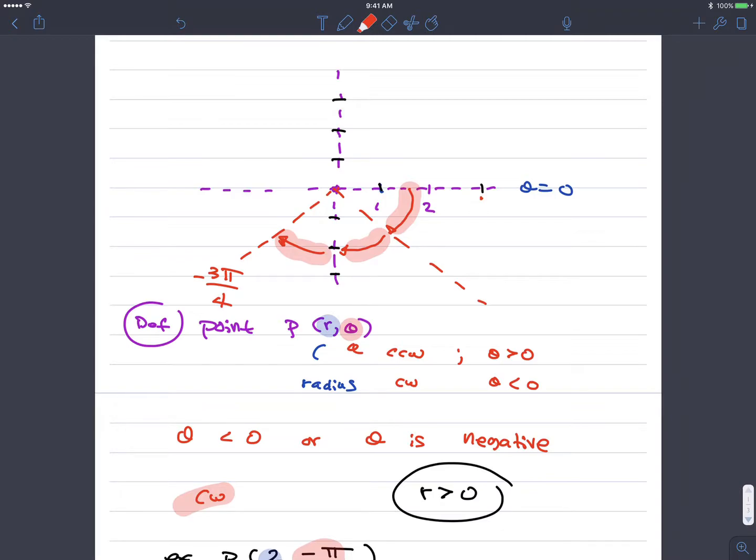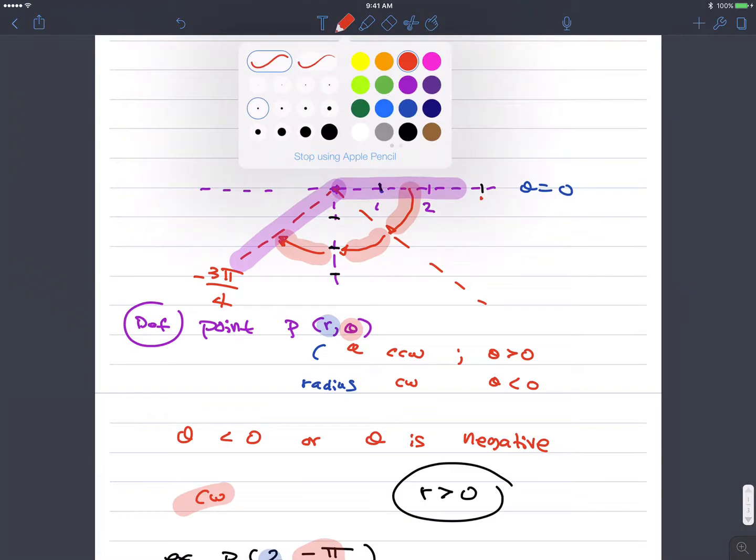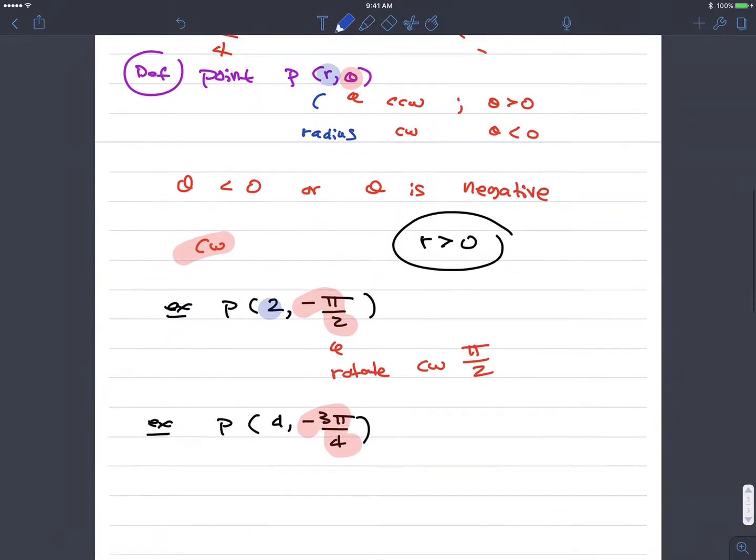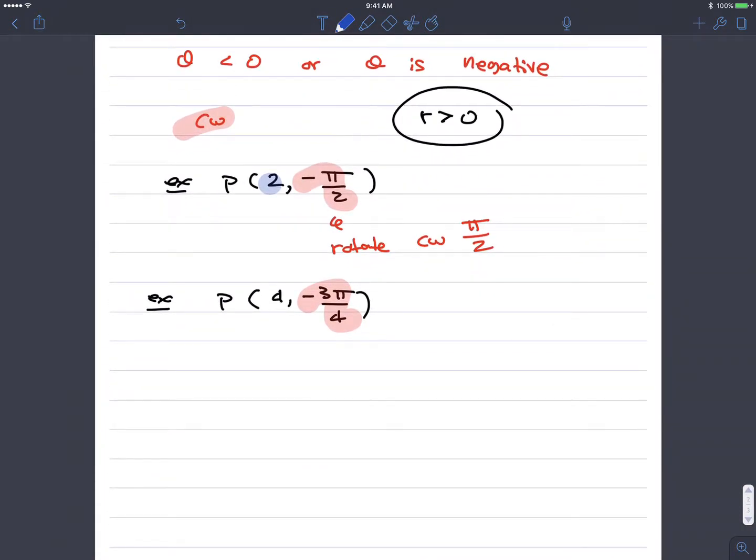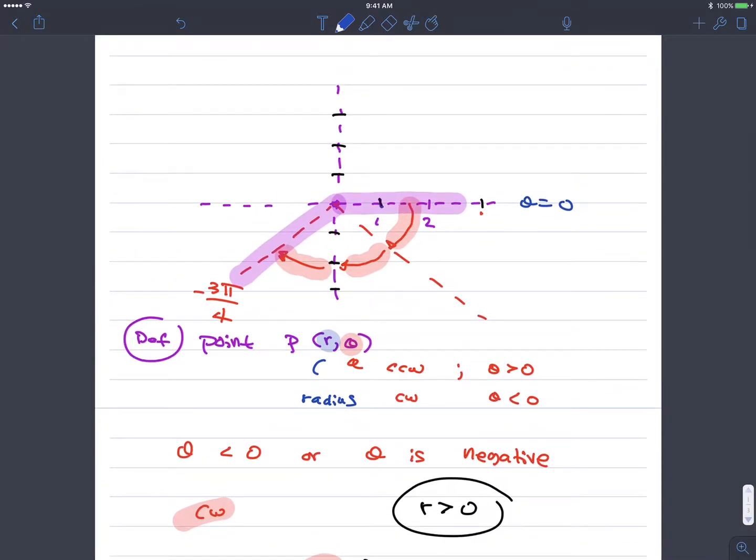What do we need now? Remember, we took this polar axis and rotated it this way. Every radius on that purple portion is positive. What are we looking for now? What's our radius? 4. So I'm going to have to do 1, 2, 3, and 4 dashes.